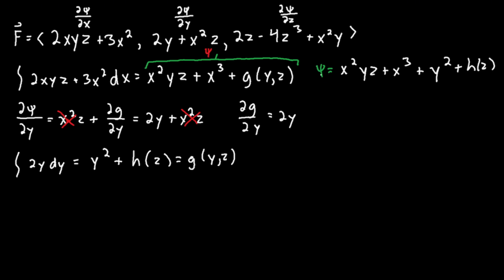Now that we have this potential psi function, again, we can find the z partial of this psi function to find this last component right here.